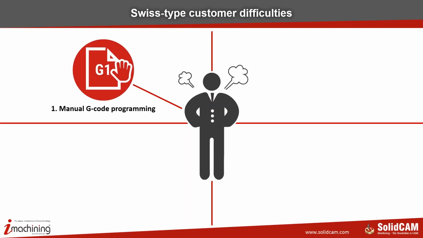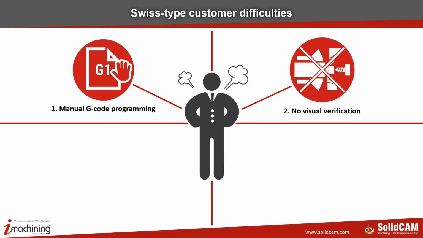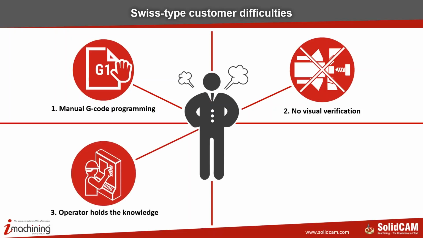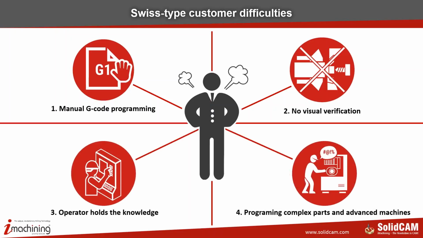Yeah, in most of the cases that I've seen, it's just that the operator holds the knowledge about it. There is no visual verification, so running every single part is a nightmare. So you need to be very careful, especially when we are talking about very difficult and complex machines.